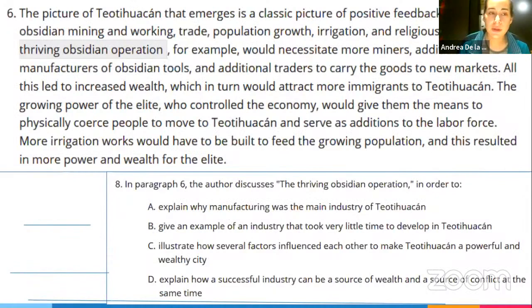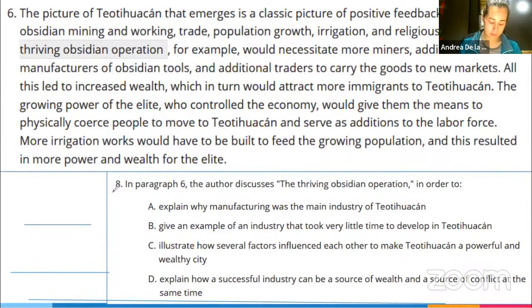We're going to answer this question. Question number 8. Okay. All right, maybe could anyone please read the question? In paragraph 6, the author discusses the thriving obsidian operation in order to.